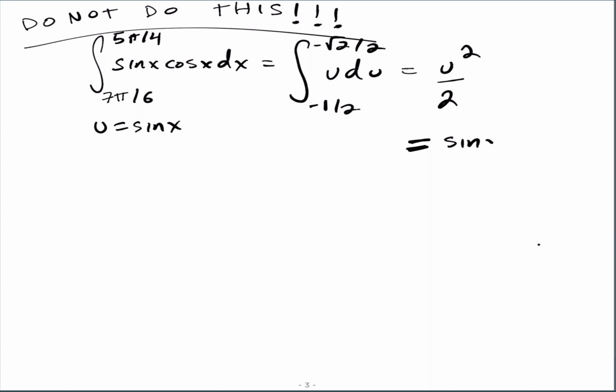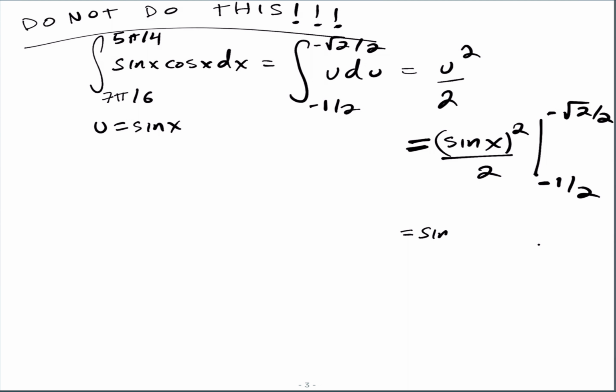So sine x squared over 2 from minus 1/2 to minus root 2 over 2, which is then sine of minus root 2 over 2 squared over 2. Right, so what do you guys think about this?